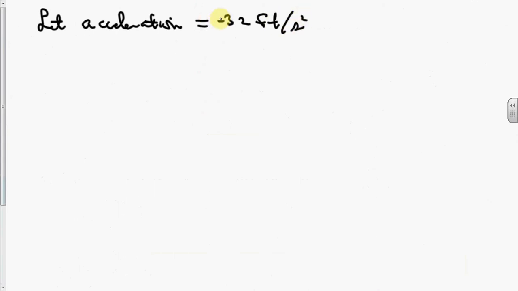And I'm going to negate it, looking at this decreasing value with respect to gravity. And so let's say that A is equal to negative 32 feet per second squared. Is it true that if I take the integral of the acceleration, that gives me velocity?